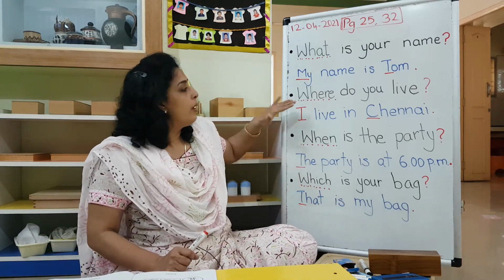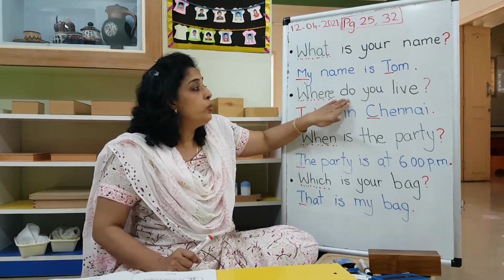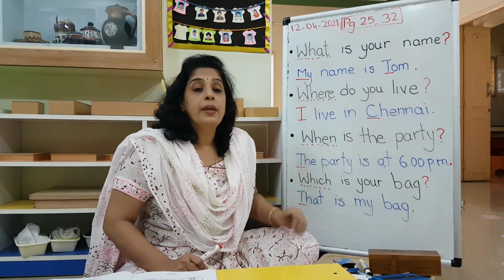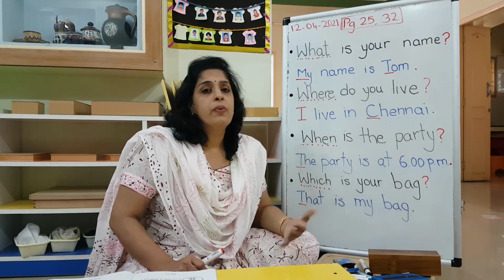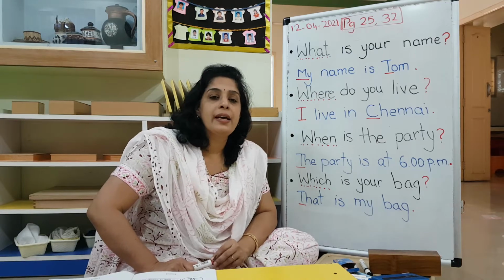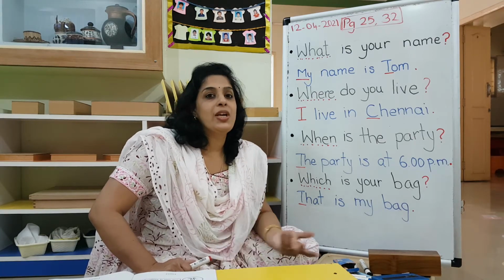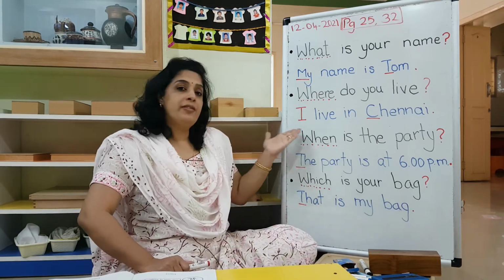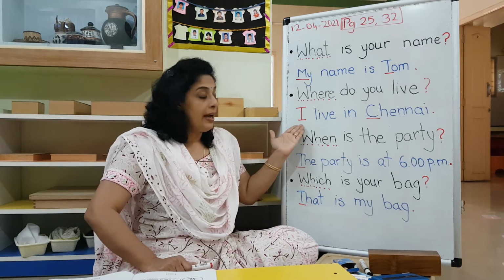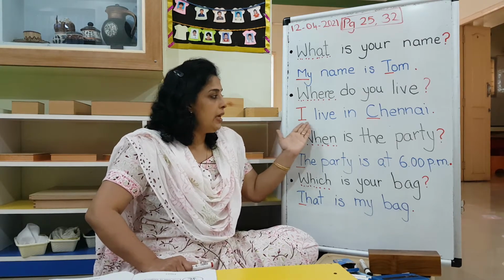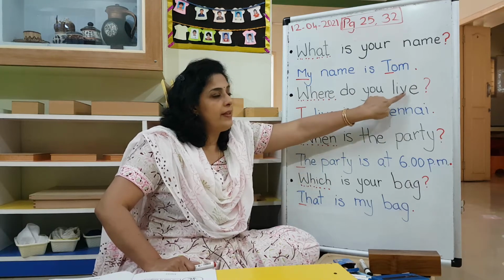Next question. Where do you live? Where do you live? What can be the answer for that? I live in Chennai. Okay, so let's write the answer for that. I, capital letter, live, the same live.